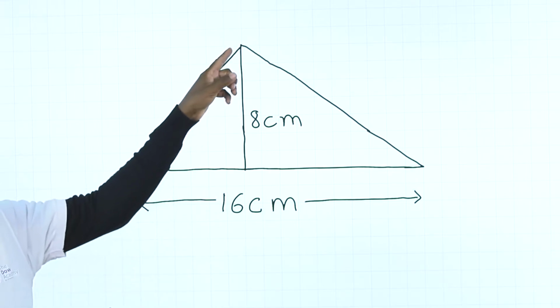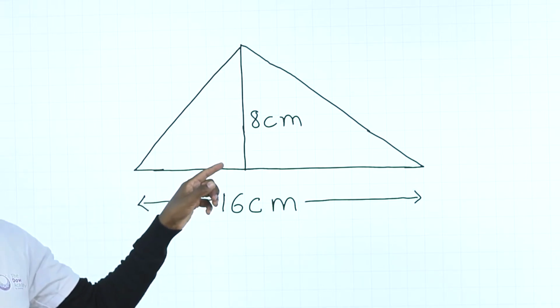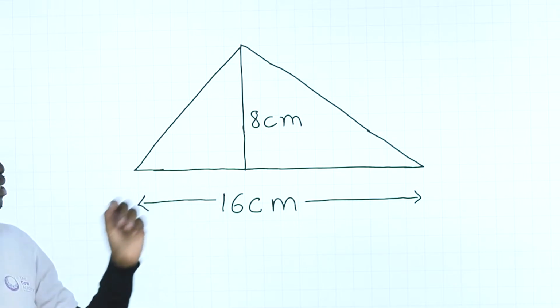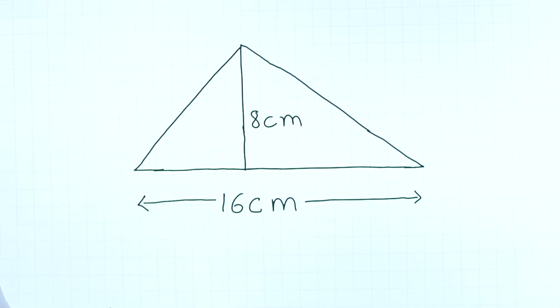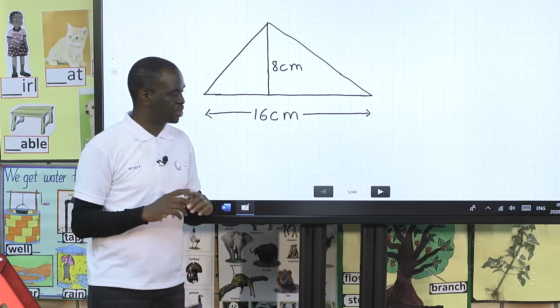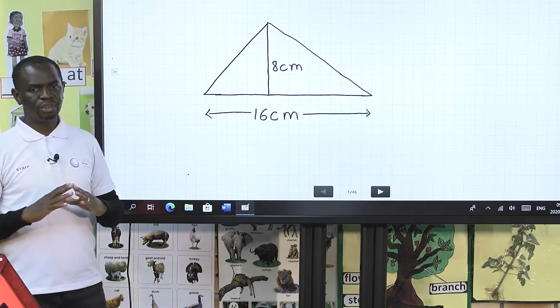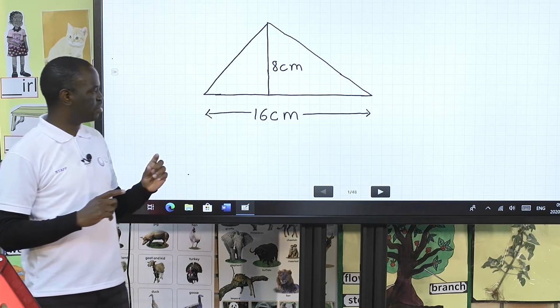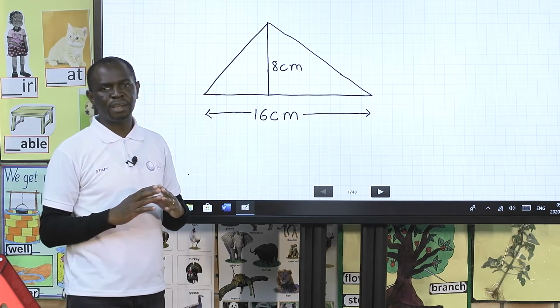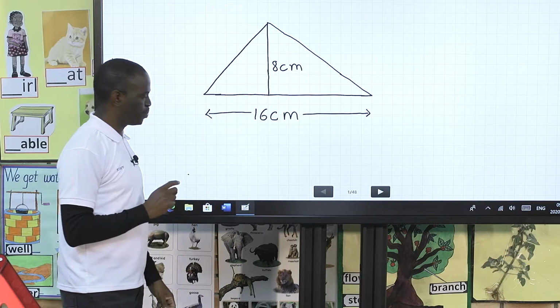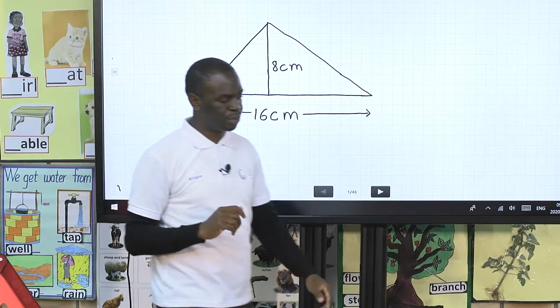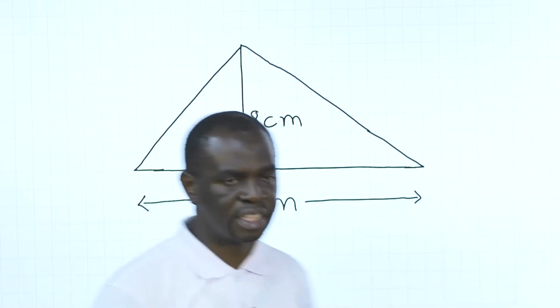So we can say the height is perpendicular to the base. That's how we can identify the height in a triangle. So we have discussed that calculating the area of a triangle is half base times height. So I'm going to show you how we can calculate that area.